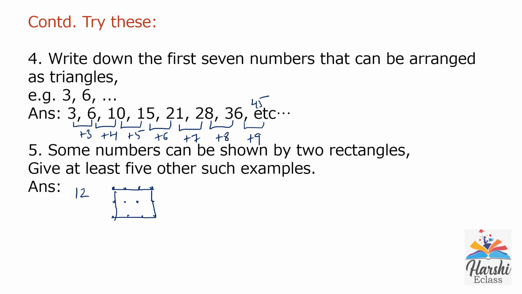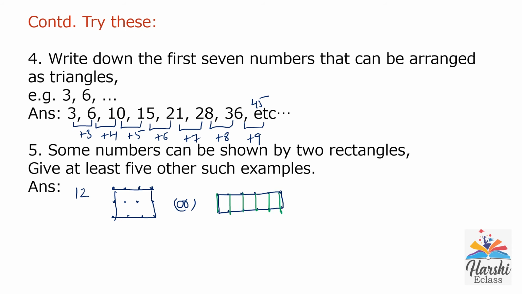There are 3 rows and 4 columns. Whereas another form for this is that it can be arranged in the form of 2 rows and 6 columns. The number of rows is 2 and the number of columns is 6: 1, 2, 3, 4, 5, 6.